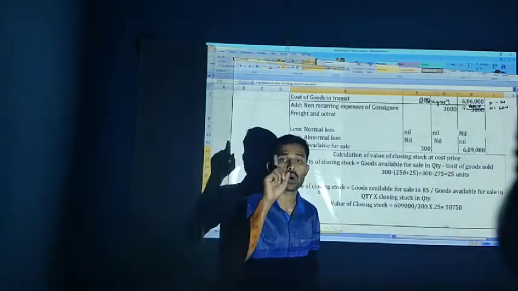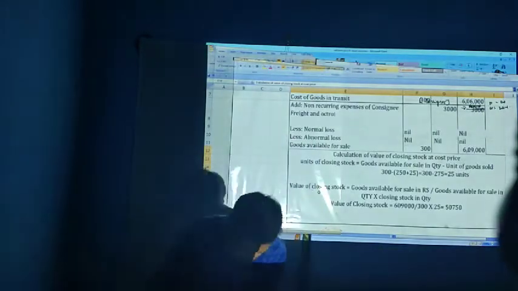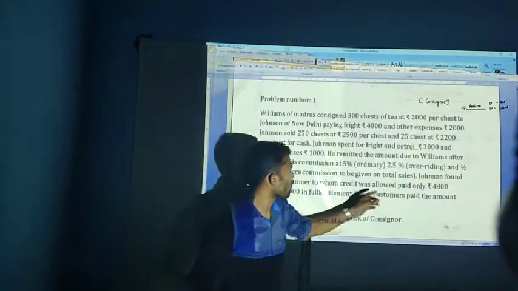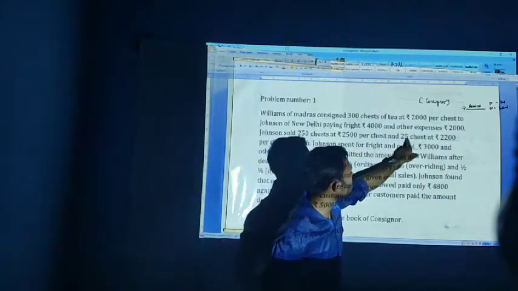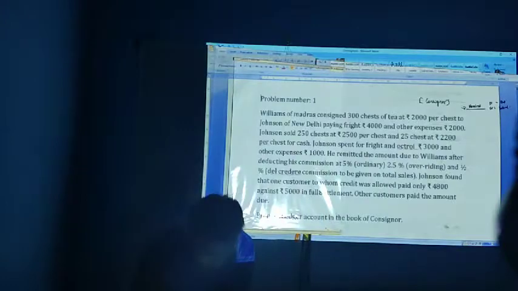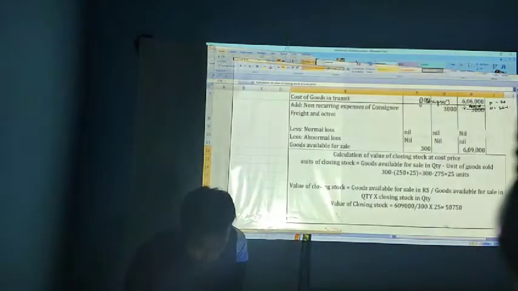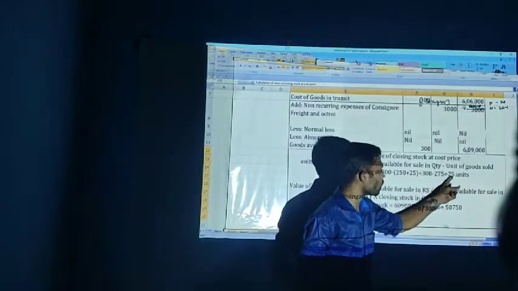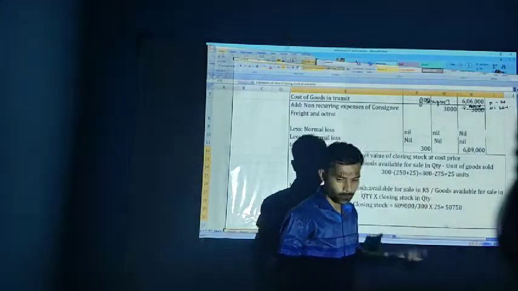How much have they sold? In one slot 250 and in another slot 25. The total is 250 plus 25, that is 275. So 300 minus 275, the units of closing stock are 25 units.